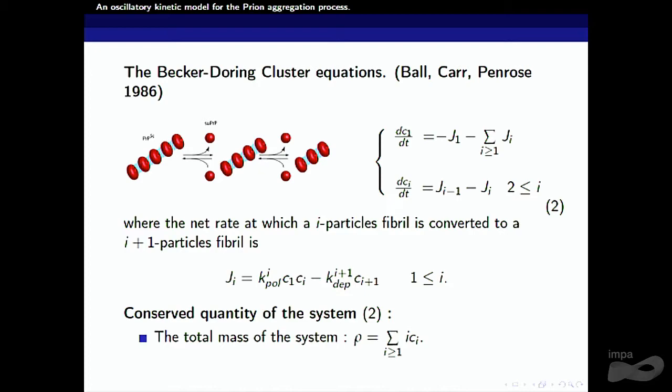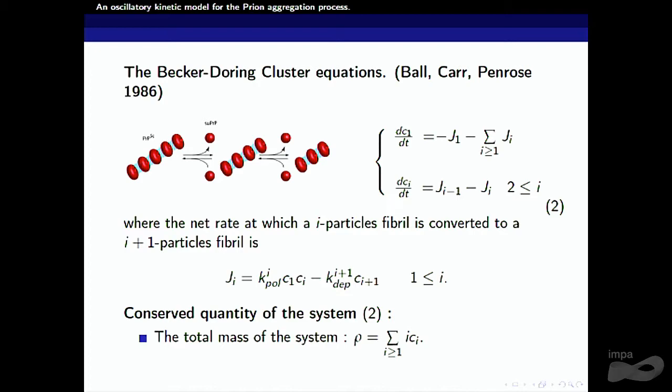It's important to note that we have 2 kinds of chemical reaction. This one is catalytic because the monomer C1 is necessary to get polymerization, and this one is non-catalytic because depolymerization can happen without any exterior interference from the system.